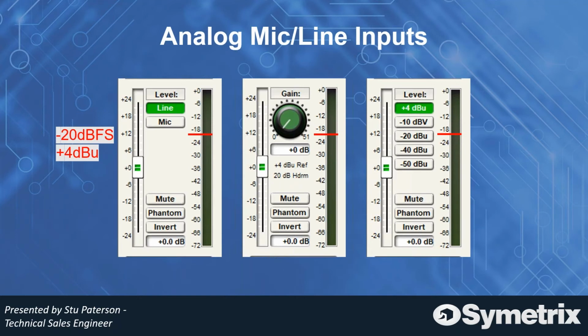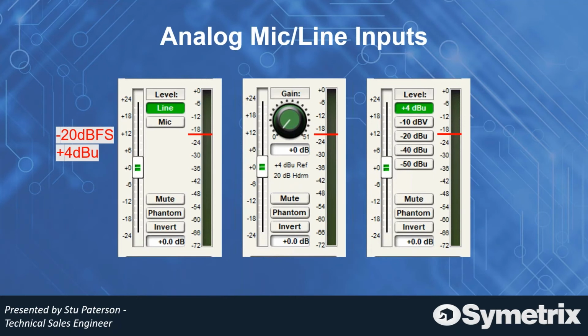But we have our approximate +4 dBu level, which is going to be -20 dBFS, which is very common in most products, most other companies. Their +4 dBu reference or digital reference for dBFS is going to be right around -20. Some are -18, some are -22. You get the idea.